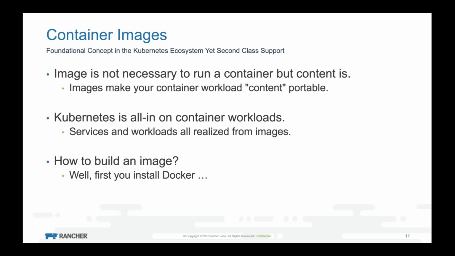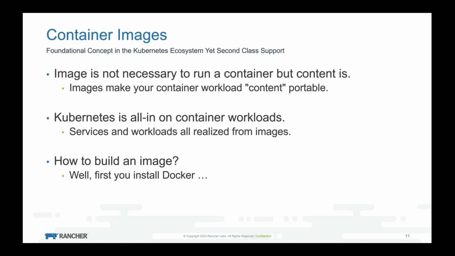I'll talk more about how we're pulling that off in the next slide, but that gets us to container images, right? If you are deeply familiar with the container space, you know that Docker pioneered how to build images, but you should also know that, technically, to run a container you don't actually need an image.